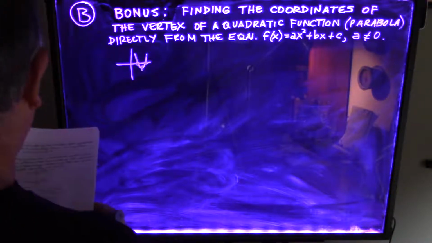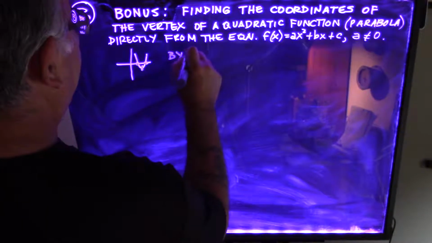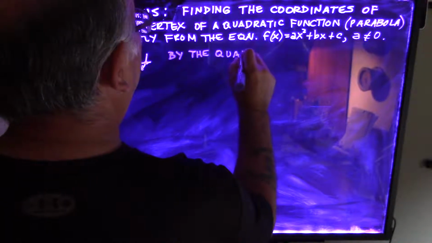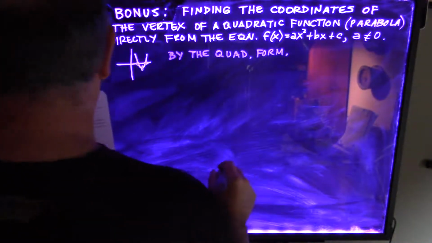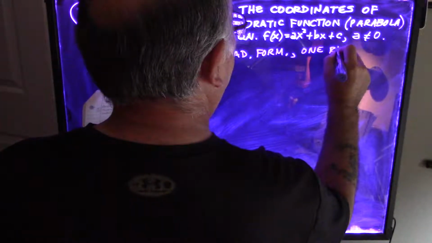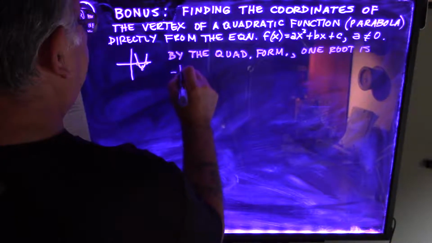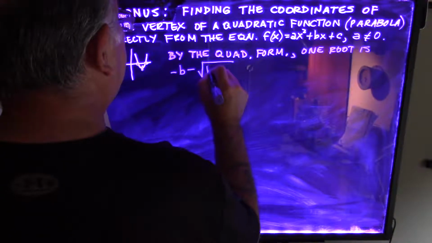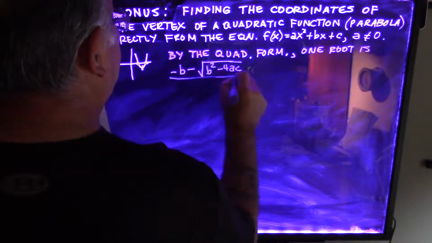Okay? So by the quadratic formula, one root is negative b minus the square root of b squared minus 4ac all over 2a.